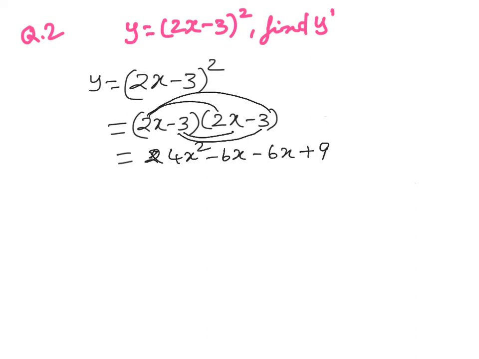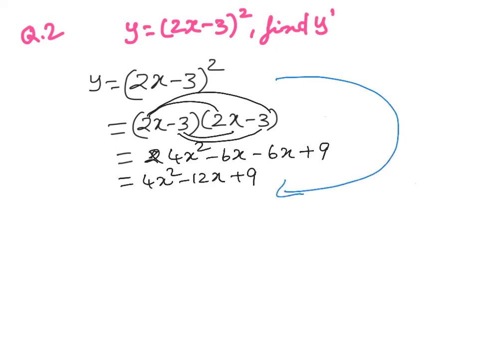So you must have a very solid understanding of algebra. Now this is my simplification. I use like terms, and I get 4x squared minus 12x plus 9. Of course, if you are very comfortable in algebra, you can straight away write from the first step to this step. But you must be very comfortable.